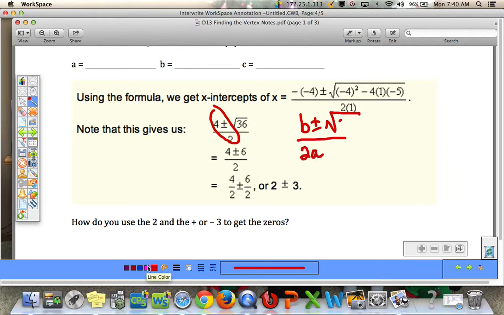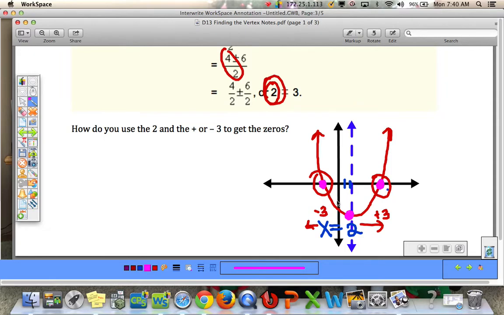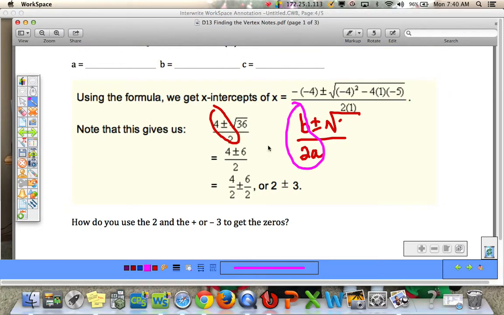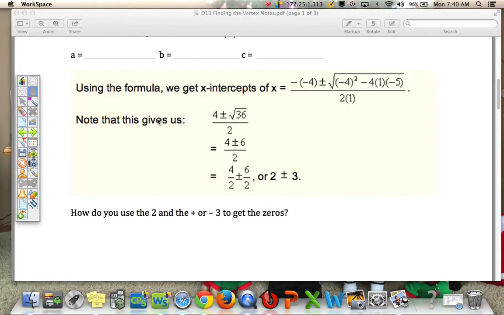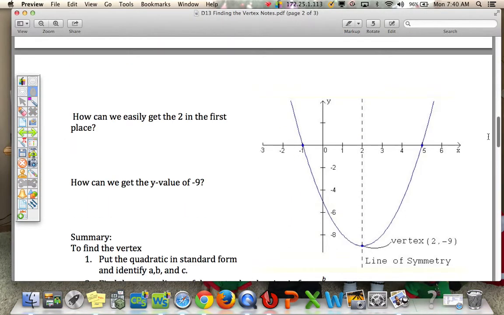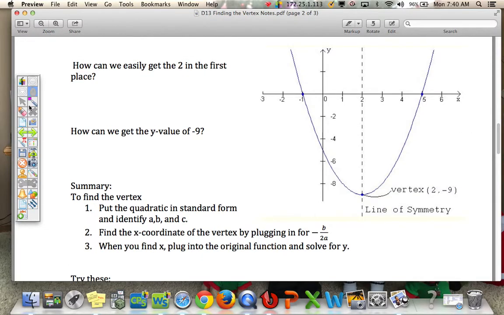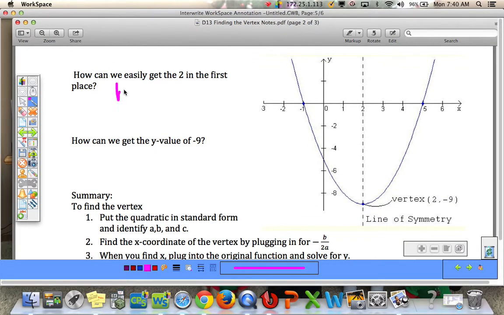So to find that 2 value, it is b over 2a, and again, that will give us this 2 that we want before we add or subtract the 3 to find the zeros. And again, we're looking here for the vertex, this 2. The x value is 2. And to do that, we can look at b over 2a. So let's write that in. How can we easily get the 2 in the first place? Again, that was the b over the 2a.